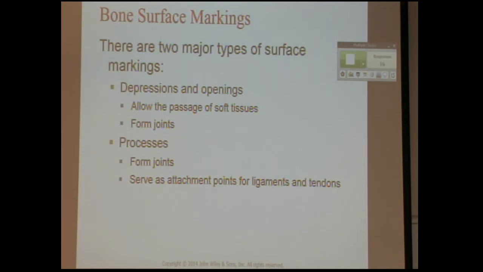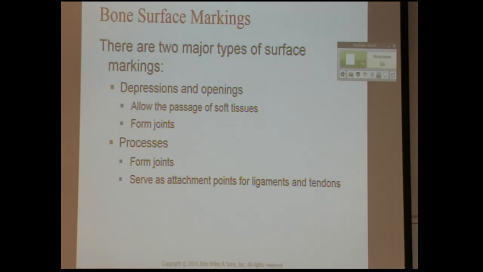So the two main types of surface markings, it's kind of obvious, I think. There are openings and depressions, and they're there to let things through the bone, so blood vessels go in, nerves go in and out. And then the processes stick out, so you can attach things like ligaments, tendons, and muscles.